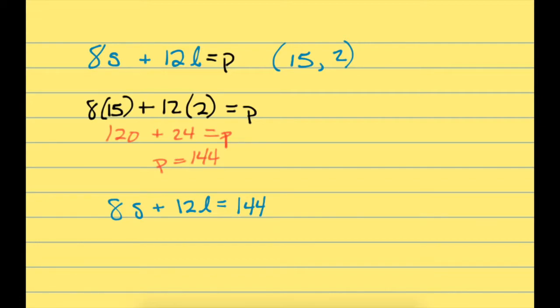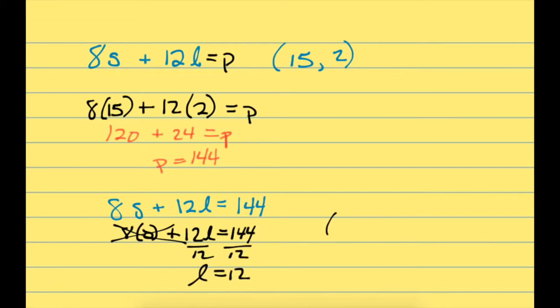Then we need to graph that equation. Now, let's use our intercepts to graph. If I use 0 small vans, how many large vans will I need? 12 large vans. So that gives me (0, 12).